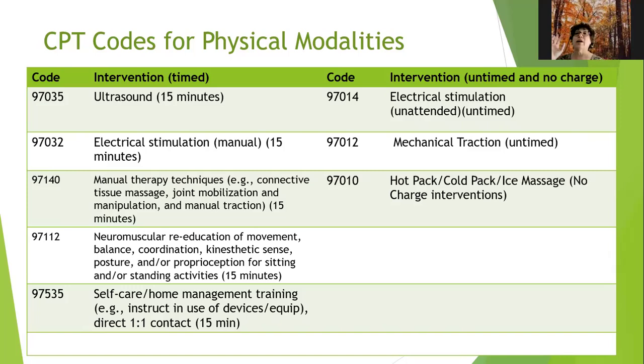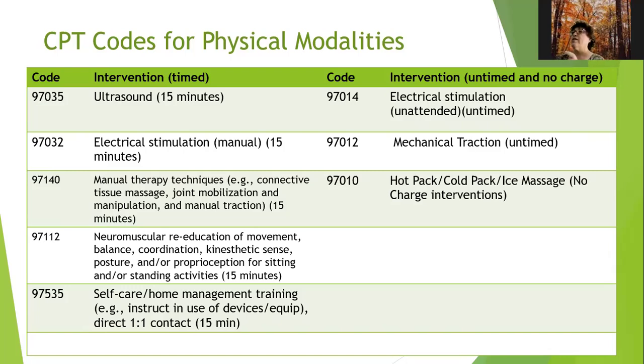So the untimed interventions are codes where whether you did 20 minutes, 45 minutes, 80 minutes, doesn't matter. It's just 1 unit. Whatever you did from anywhere, you're using an untimed code. So it's a specific modality that's an untimed or a no charge intervention.